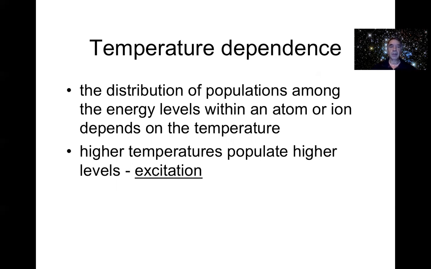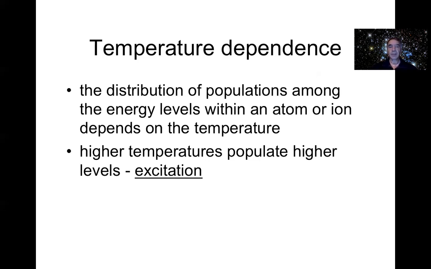If you take a set of hydrogen atoms and increase their temperature, you are more likely to find electrons at the higher levels rather than down in the ground state of n=1.